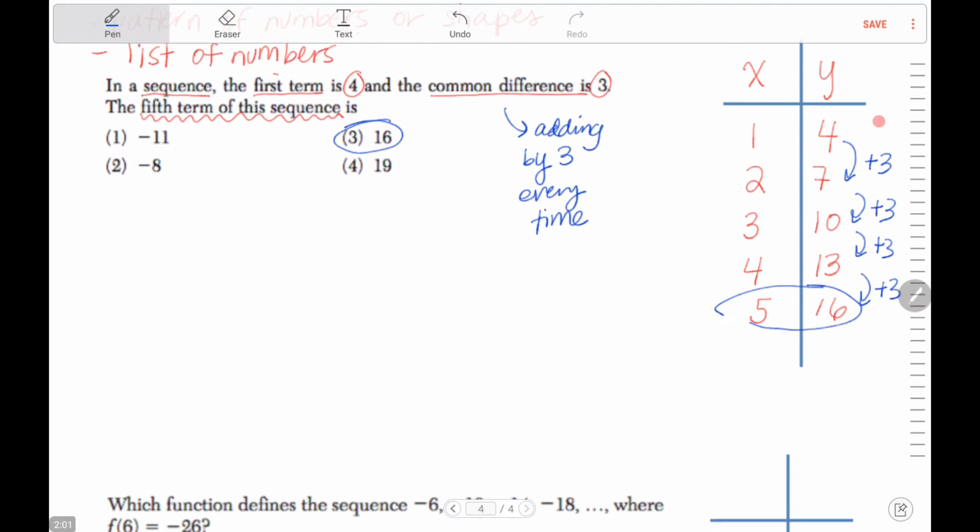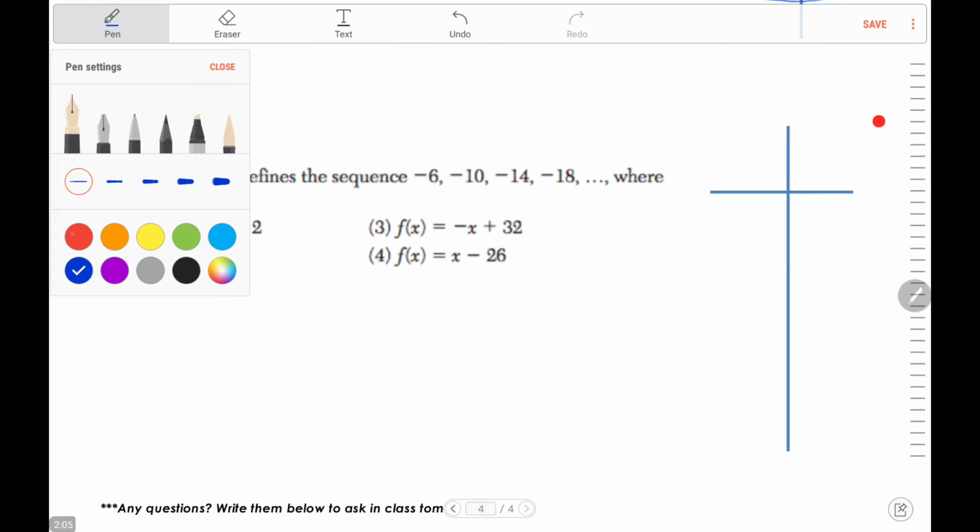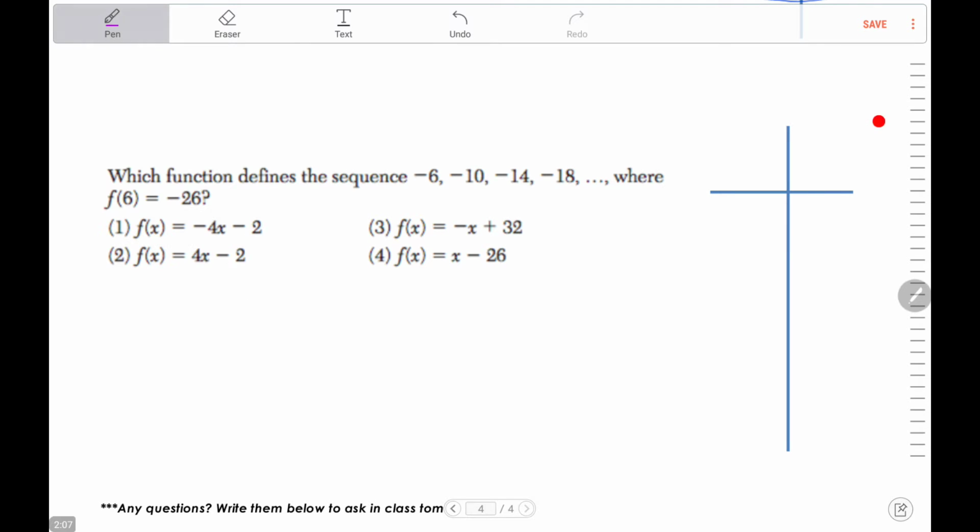Okay, so let's look at the second question here. Which function defines the sequence -6, -10, -14, -18, where f of 6 equals -26? Well, let's look at this sequence of numbers, this order of numbers. What this tells us is that the first term is -6.